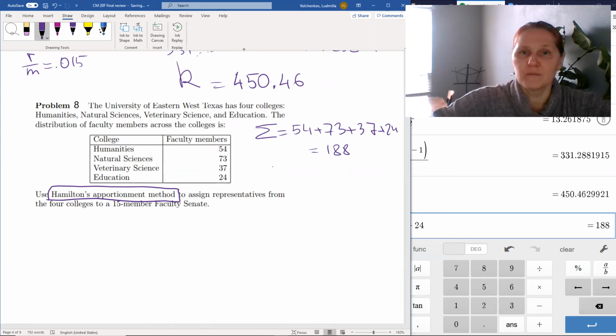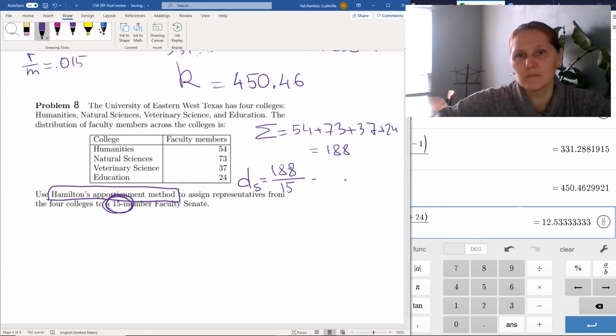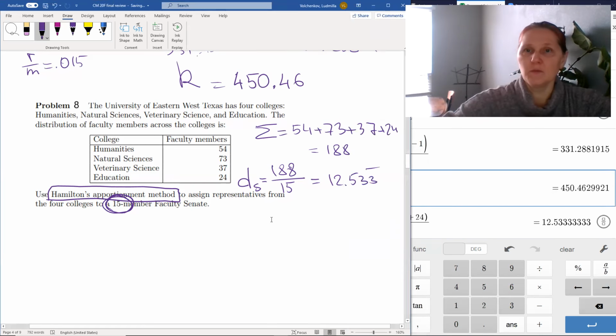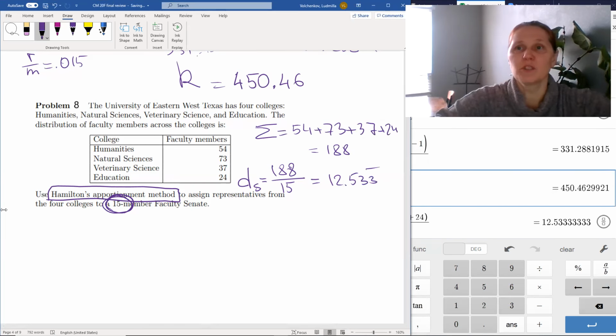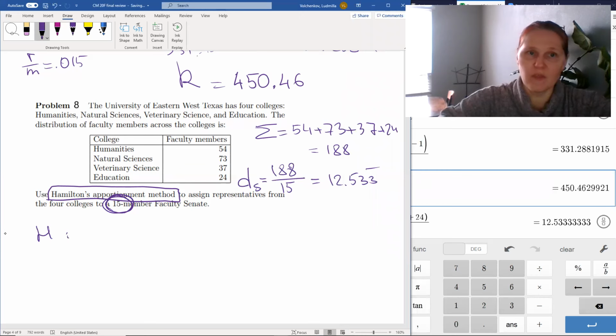And we divide 188 by the number of seats in the faculty senate, by 15. And it will give us the standard divisor, 12.53. Then we want to find exact quotas for every college by dividing the number of faculty members.